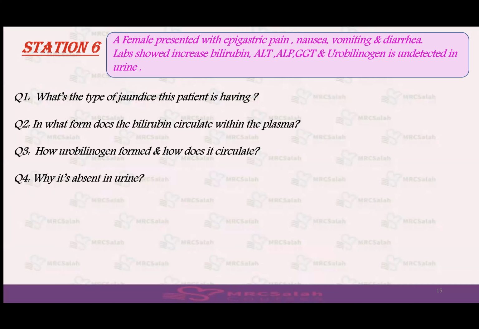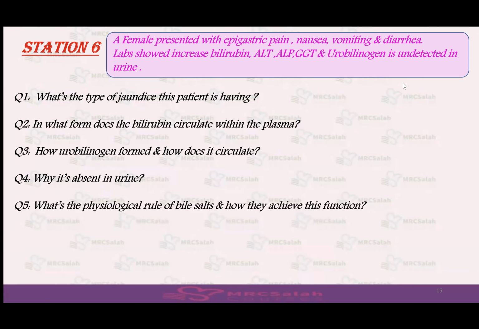Why is it absent in urine in this patient? Because of the obstruction of the flow of bile, the bilirubin does not reach the gut. What is the physiological role of bile salts and how do they achieve this function?